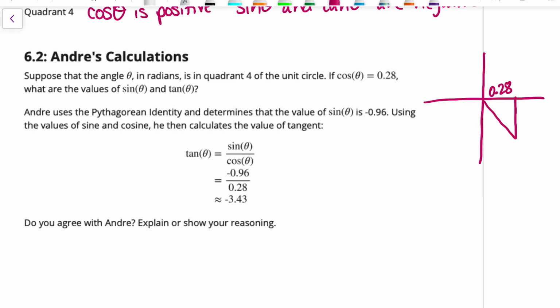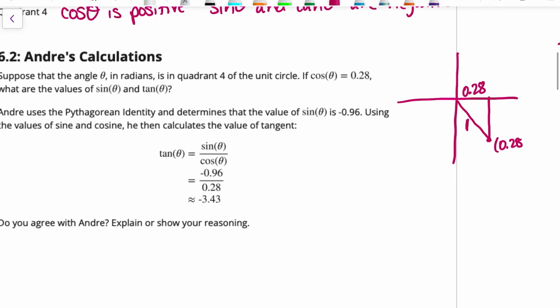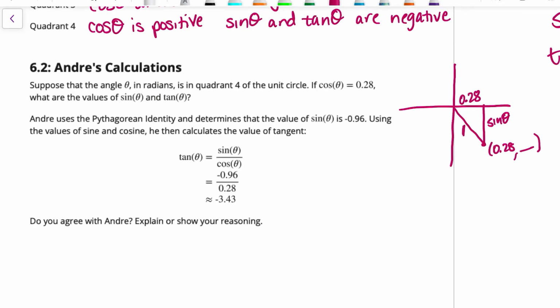We don't know what our sine is, but we do know that our hypotenuse is 1 because it's a unit circle. So this ordered pair is 0.28, something. We don't know what that something is. Andre uses the Pythagorean identity and determines the value of sine of theta is negative 0.96.